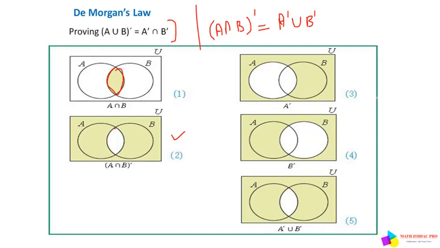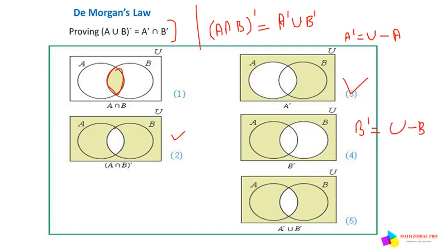A dash means this is A dash, so only this is the universal set minus A. Okay, and next one is B dash, that is B dash equal to universal set minus B.